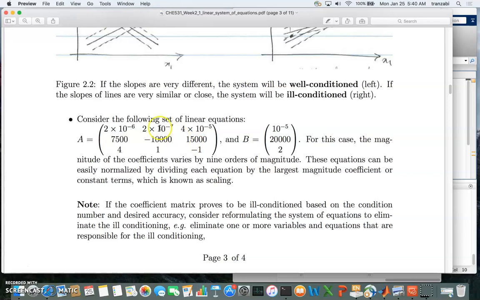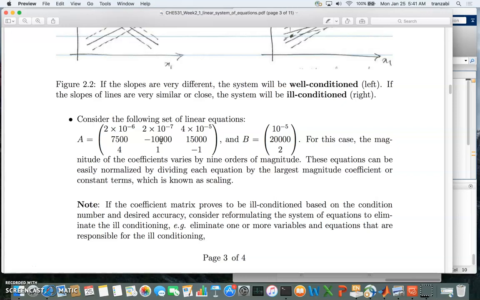If you assume that this is in the order of 10 to the minus 5, this is 10 to the 4, the difference is about 9 orders of magnitude. So in that case, this matrix is very close to being ill conditioned with a large condition number, because the difference between entries in the A matrix is rather large.